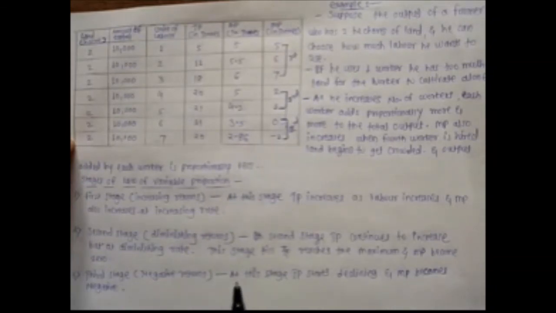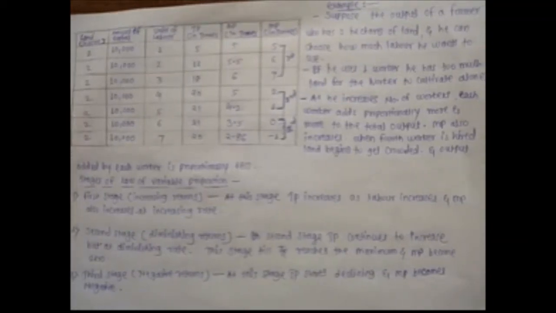Because in this stage total product starts declining and the marginal product becomes negative. So the third stage is called the negative returns stage.